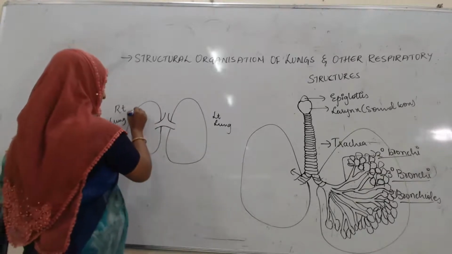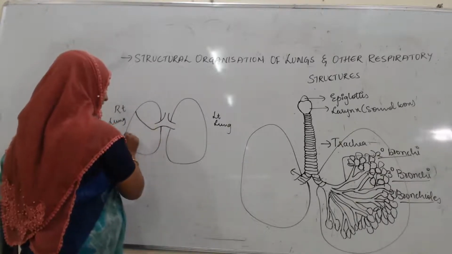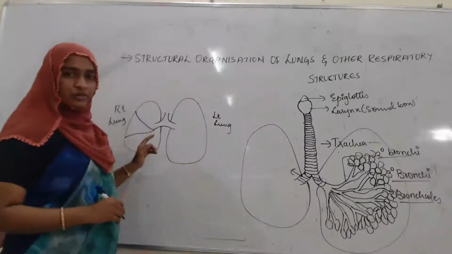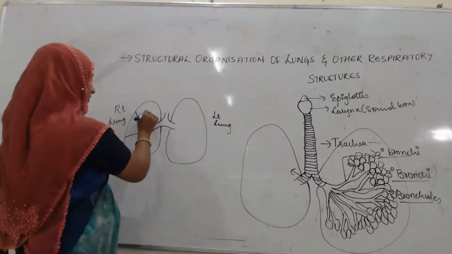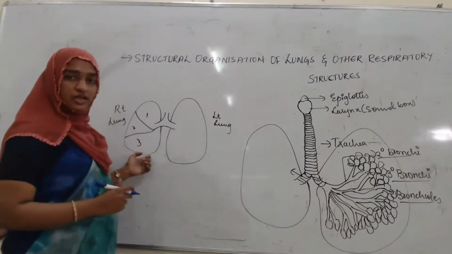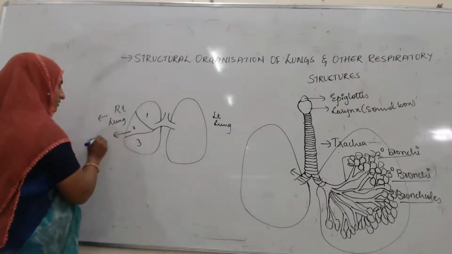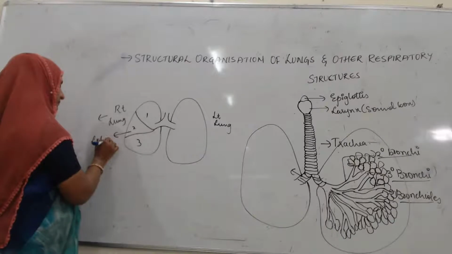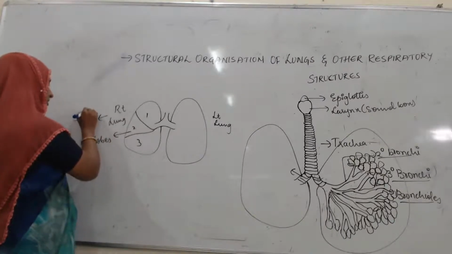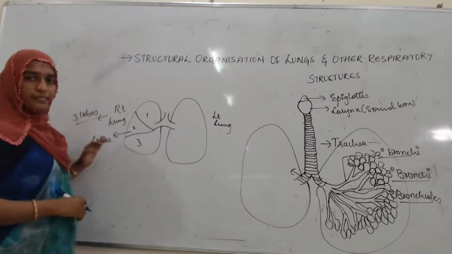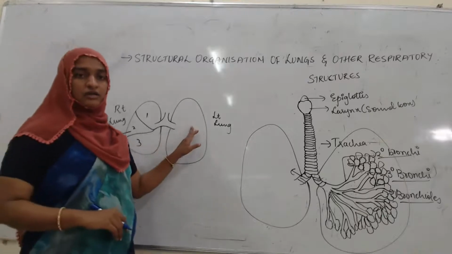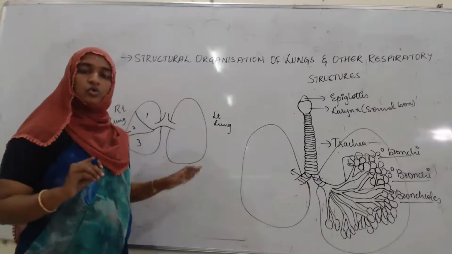Here you see in this way 1 and in this way 2. 1, 2, 3. Which lung? That is the right lung. A right lung is made up of 3 lobes, while the left lung is made up of only 2 lobes.